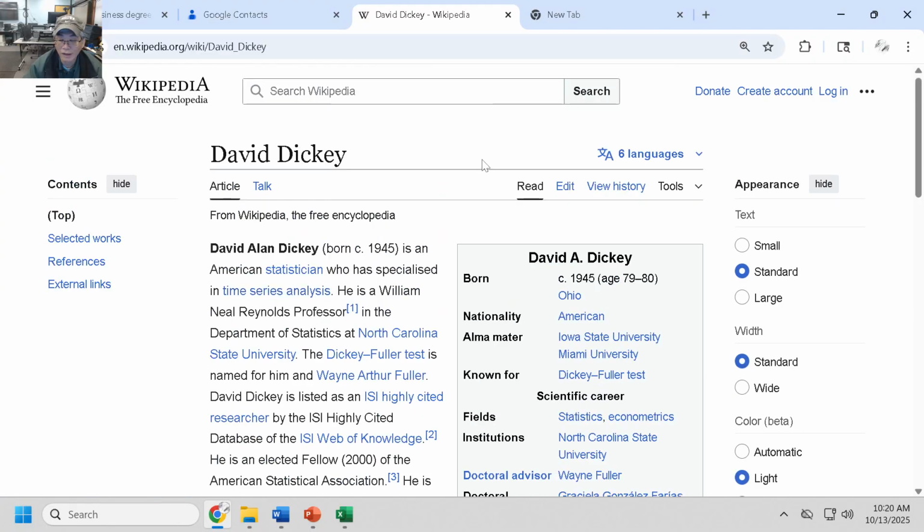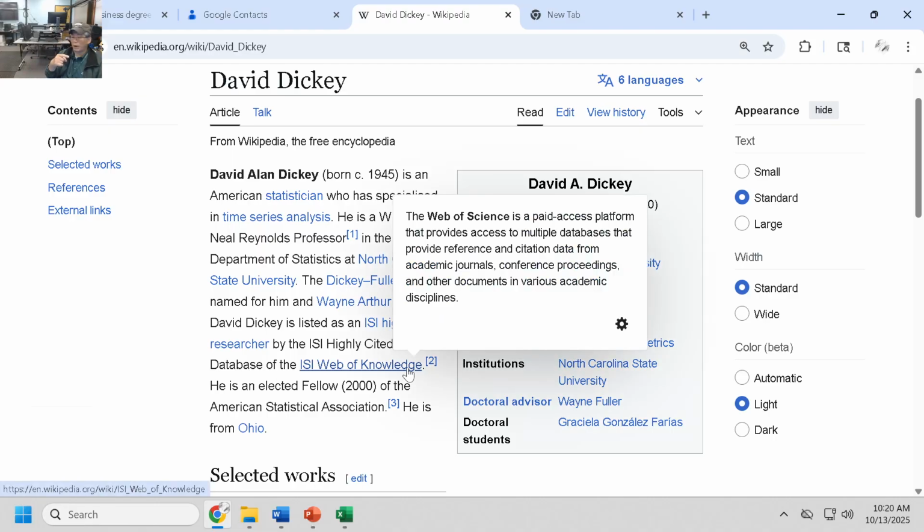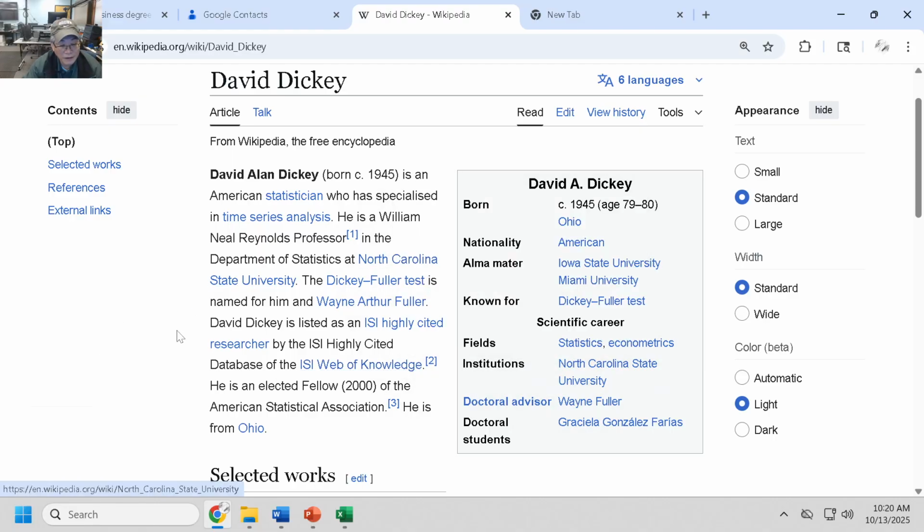If you look at his H-index citation, he has one paper called the Dickey-Fuller test. This is widely used by Nobel laureates and is a highly cited paper.